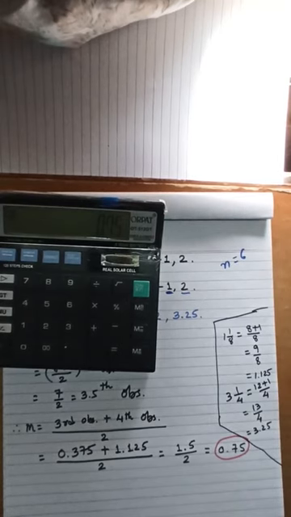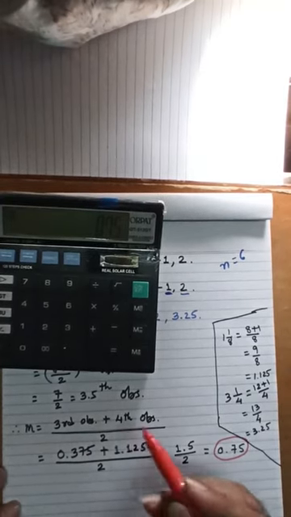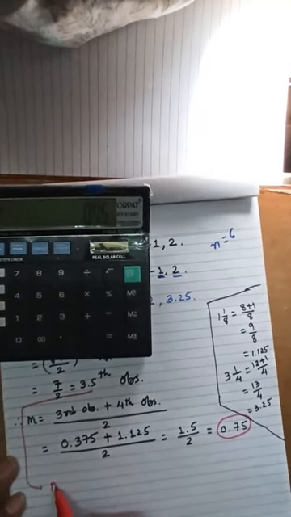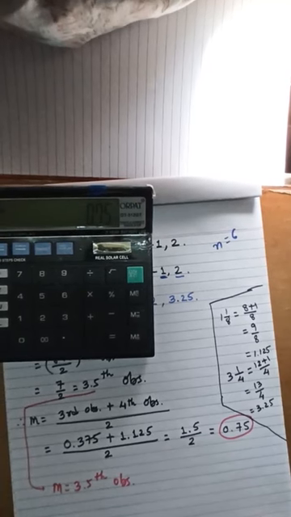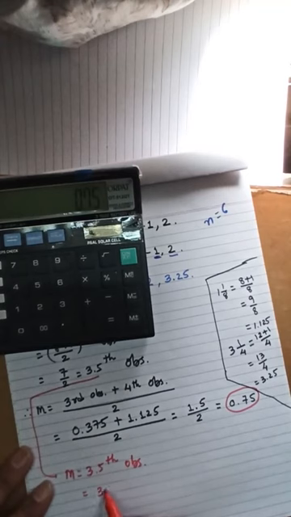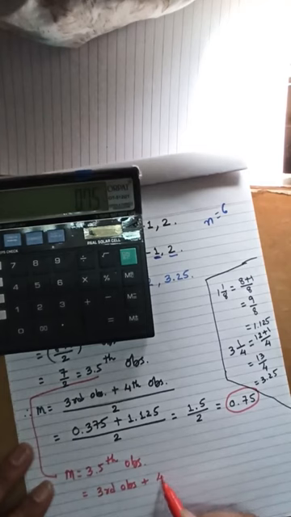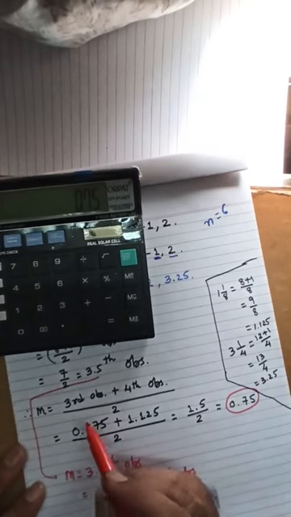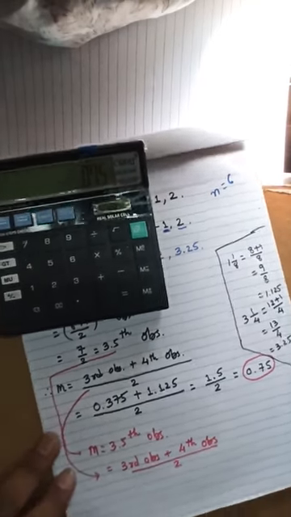Now, as per another method, we will start from here. M is equal to the 3.5th observation. The 3.5th observation is equal to third observation plus fourth observation divided by 2. It was the first formula, and the optional formula is what?